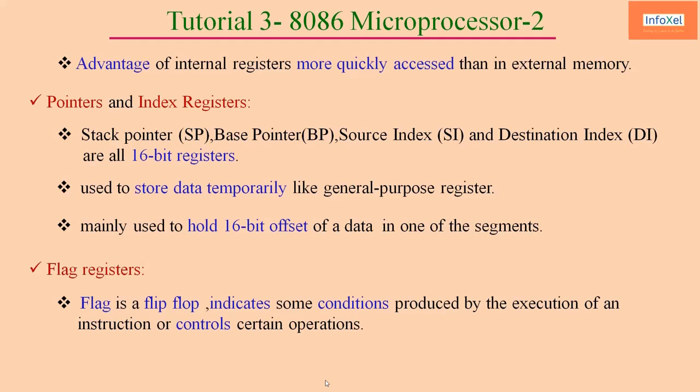There are two things mentioned here. One is that it indicates the conditions produced by the execution of an instruction, that is, by the ALU, arithmetic and logical. After performing the arithmetic or logical operation, the conditions are changed, or it controls certain operations. We will see those things later, in the flag register.